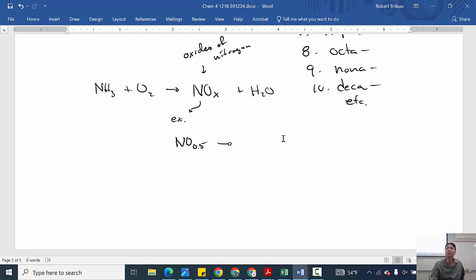Law of multiple proportions. This would be clearly, because can you stick half an oxygen atom on a nitrogen? No. But since we write NOx, x is 0.5, it really is not NOx. It really is N2O. That's what it means. NO0.5 means N2O.